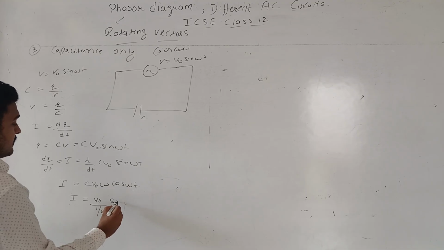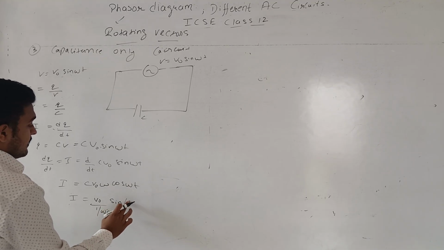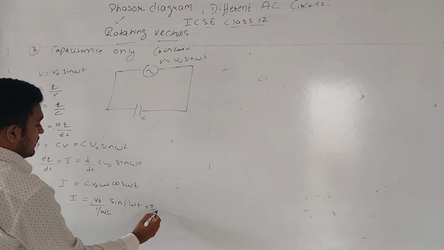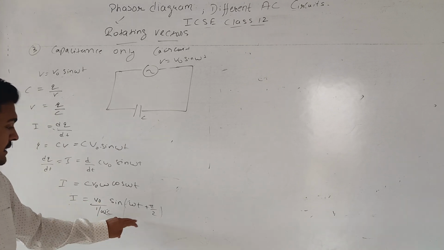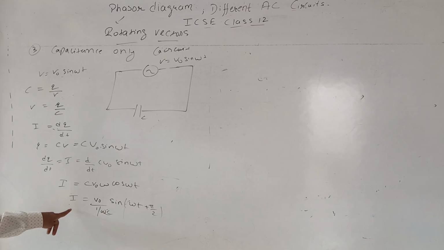We can write sin omega t plus pi by 2, since sin 90 minus theta is cos theta. So sin omega t plus 90 is cos omega t.